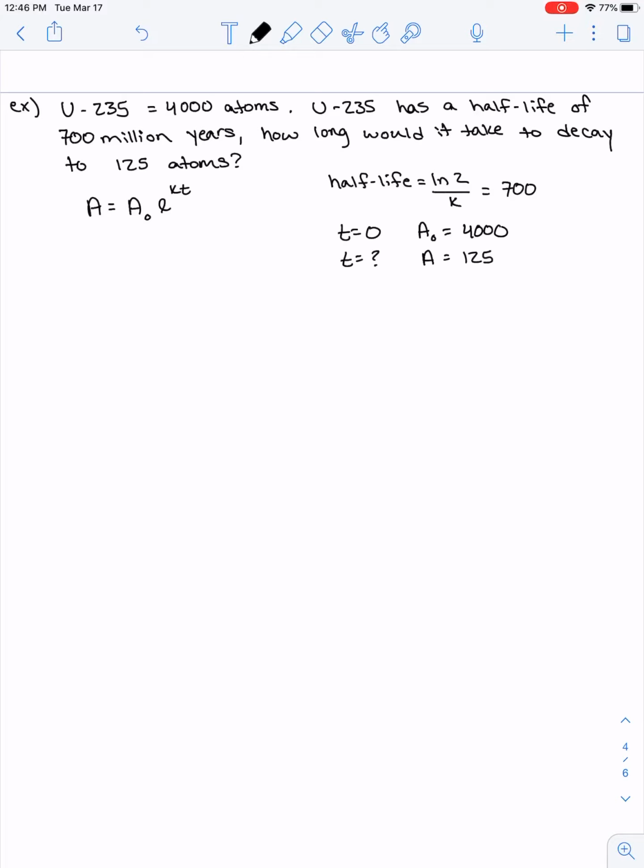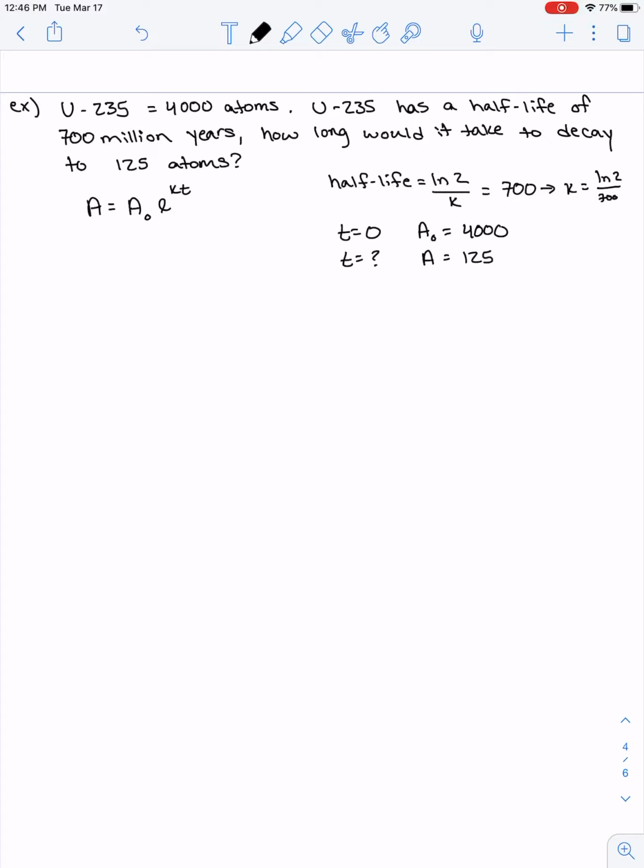Okay, so do we have all the information that we need? Let's go ahead and solve this for k. k is equal to natural log of 2 over 700 million years.